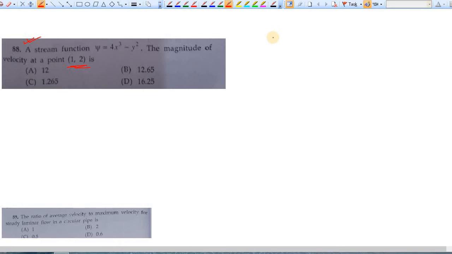So you know that if this is x, this is y, then if we take the derivative of this stream function with respect to x, we will get the velocity in the direction of y, that is v, and if we take the derivative with respect to y, in that case we will get this one.